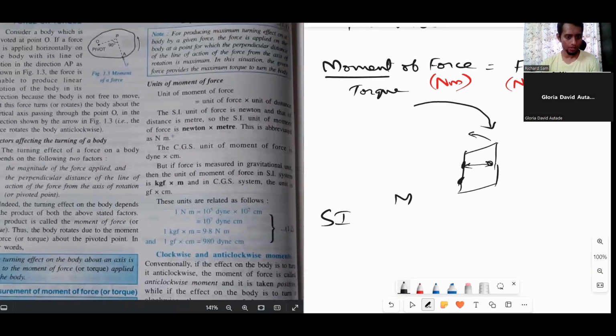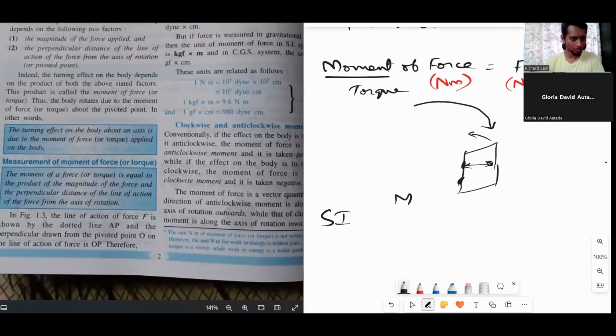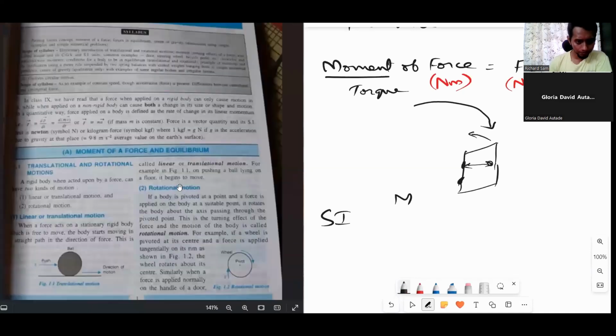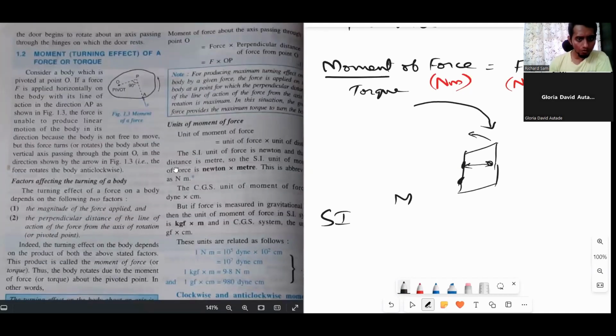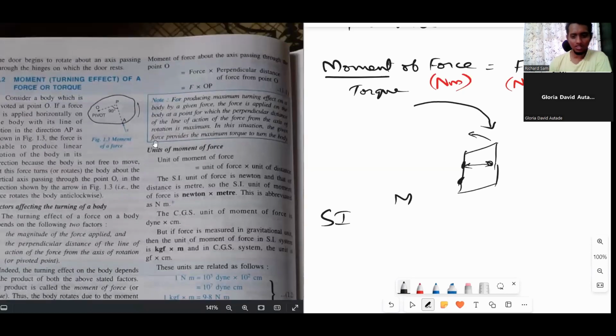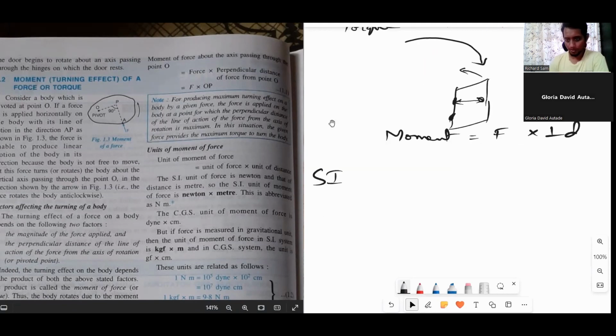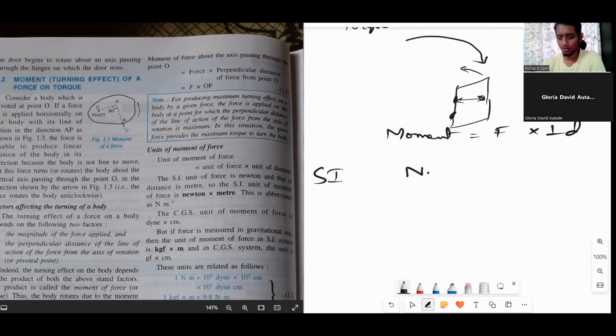Moment of force is represented using which alphabet? Okay, so moment is equal to force into perpendicular distance. The SI unit, okay.